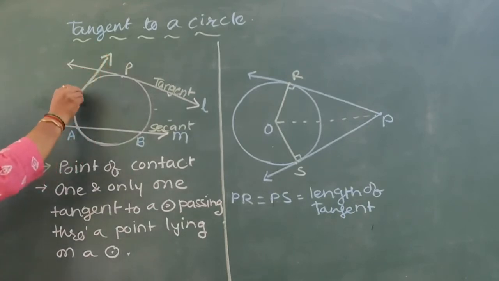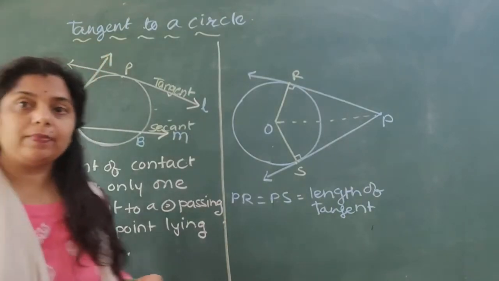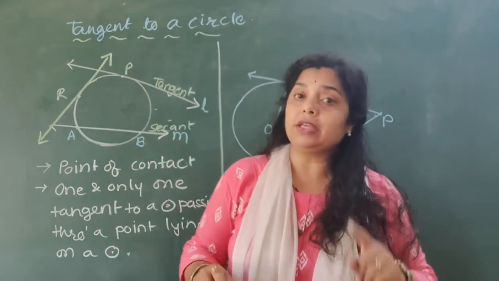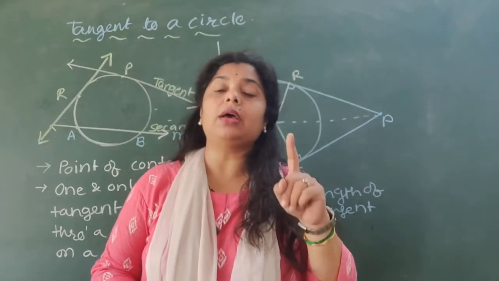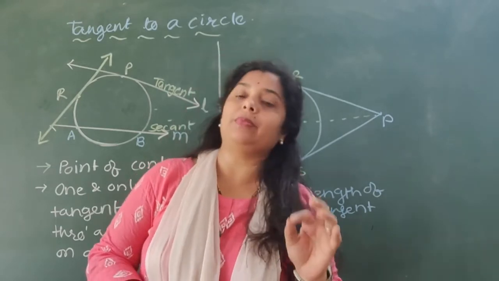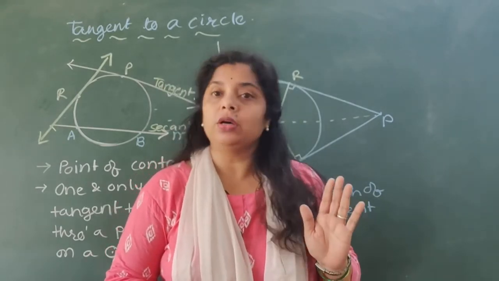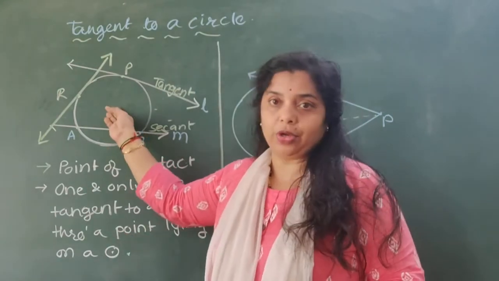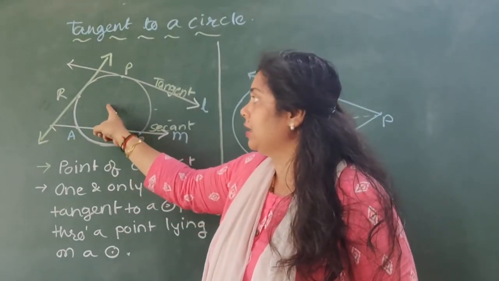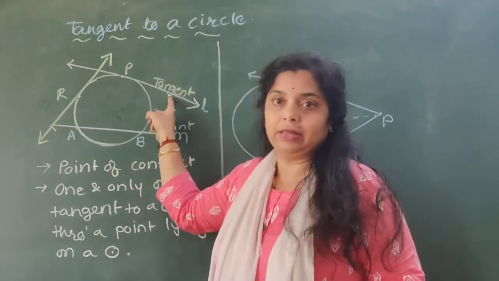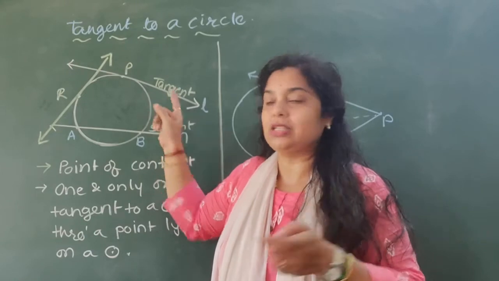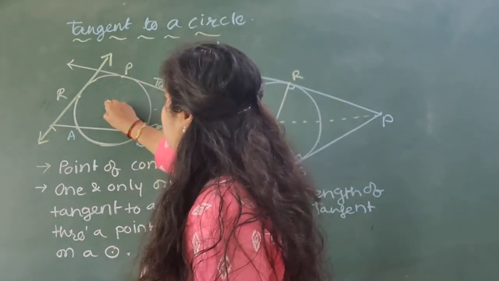Here I wanted to say that from a point which is lying on the circle, we can draw only one tangent through that point. Is it clear? Now what about an interior point? If the point is interior and you pass a line through it, can we call it a tangent? No, it is not a tangent. For example, point Q is somewhere here.